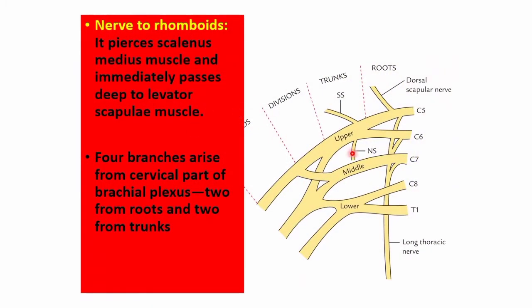Then the nerves from the roots of the brachial plexus: from C5 the dorsal scapular nerve, and from C5, C6, C7 the long thoracic nerve. From the upper trunk of the brachial plexus we can identify the suprascapular nerve and the nerve to subclavius. These are identified in the subclavian or supraclavicular triangle.